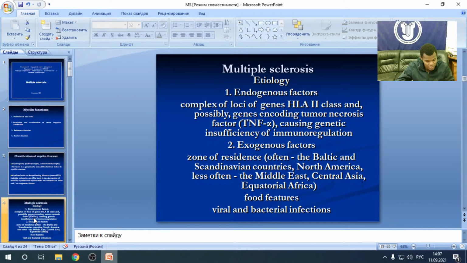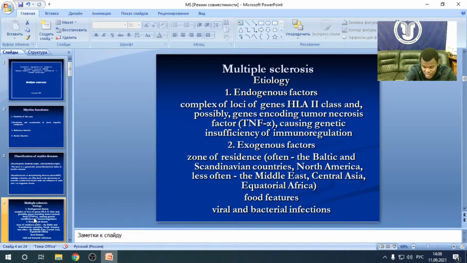Whatever way you hear about endo, it means inside. So the inside factors are the genetic insufficiency of immunoregulation. It is caused by our insufficiency of immunoregulation. So this is the endogenous factors.